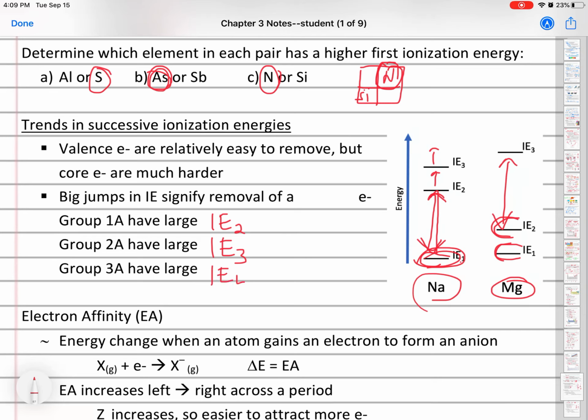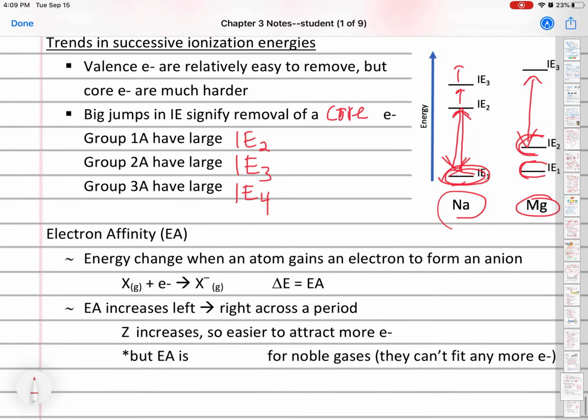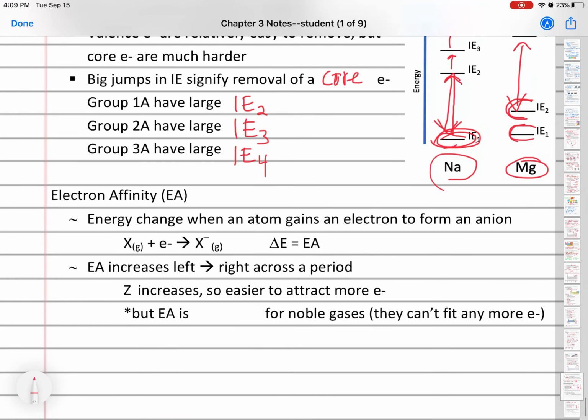And so you can see this trend continuing. Group 3 elements would have a really high ionization energy 4, a big leap from 3 to 4. Okay, this word here should be core. There are big jumps when you pull out core electrons.